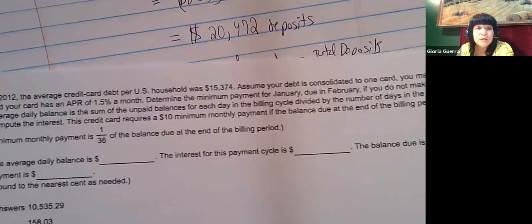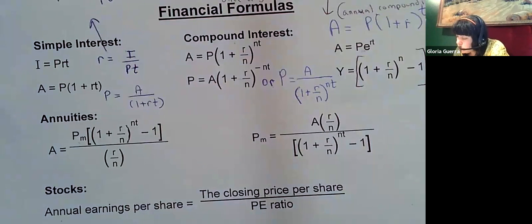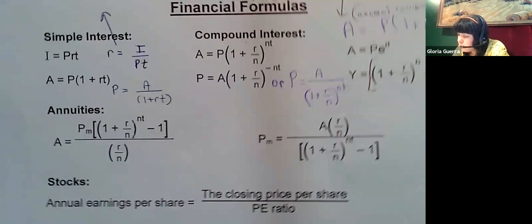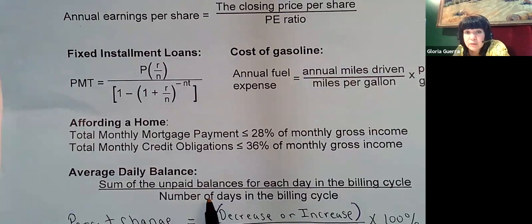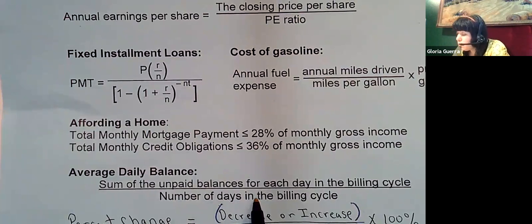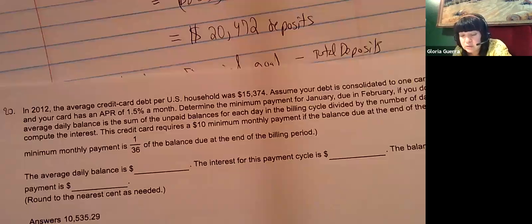So they're reminding us that the average daily balance is the sum of the unpaid balances for each day in the billing cycle divided by the number of days in the billing cycle. I believe the problem selected for your test already has the average daily balance figured, in a table, in a column that you would just look up.